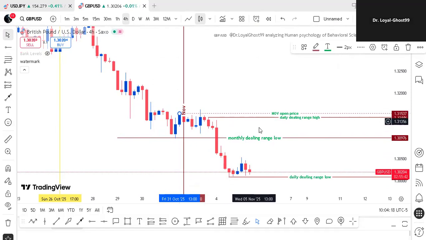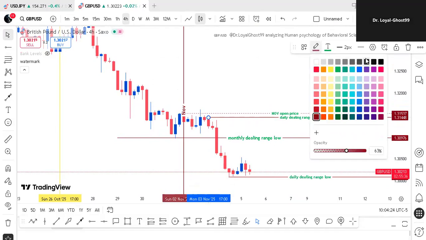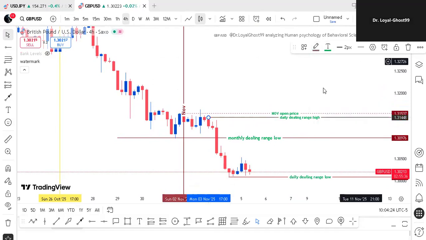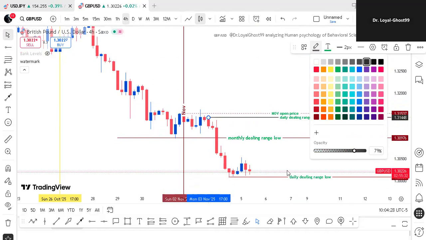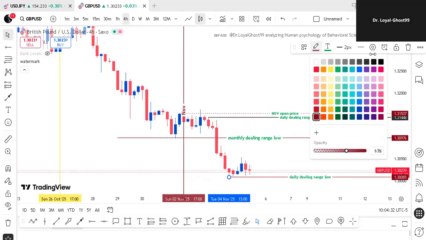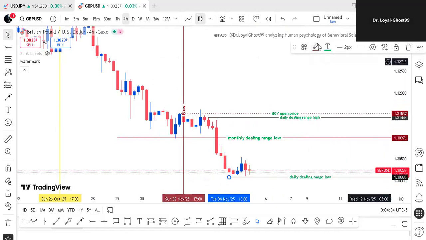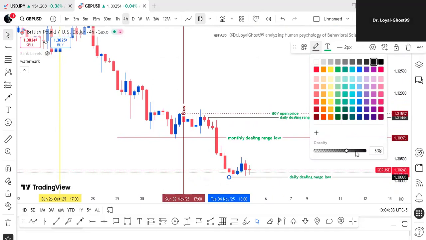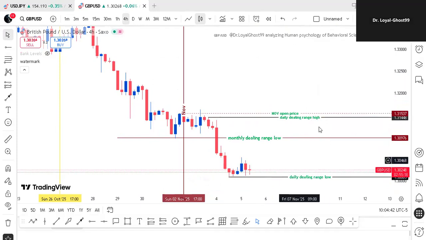This has to be in black according to my zones. Also this one being black.